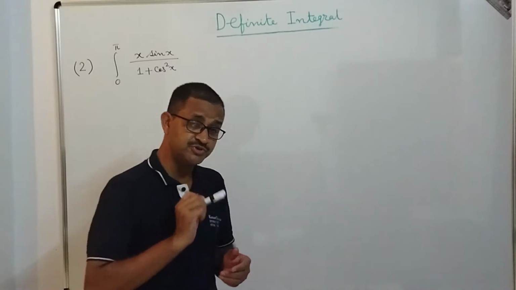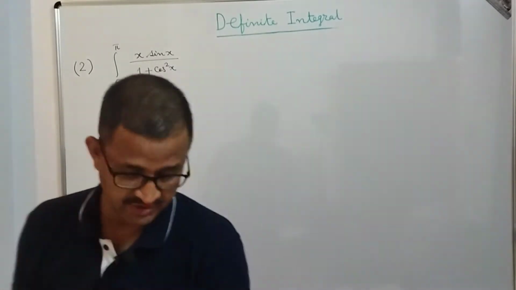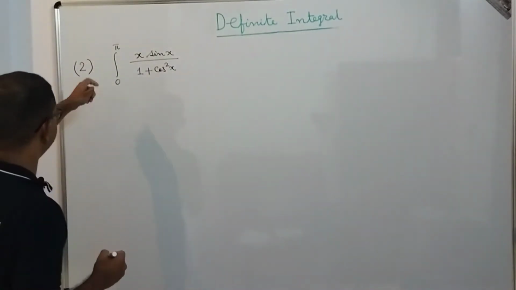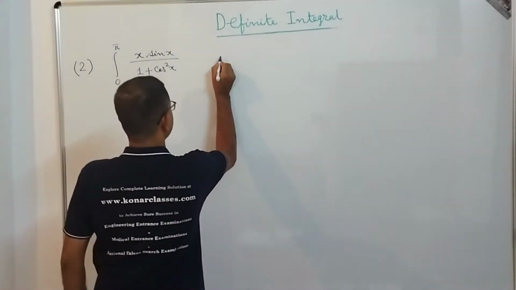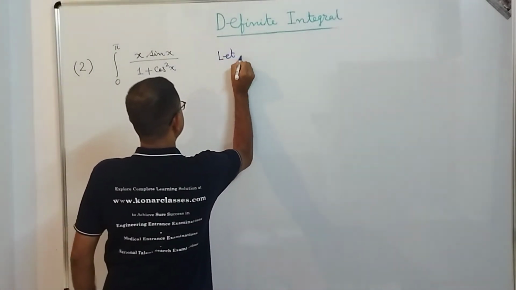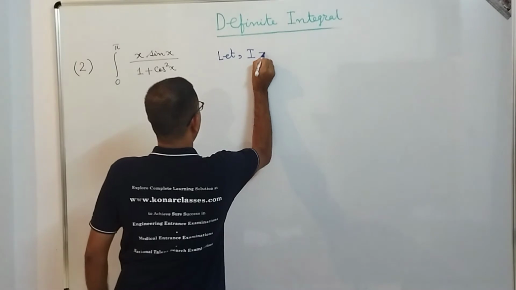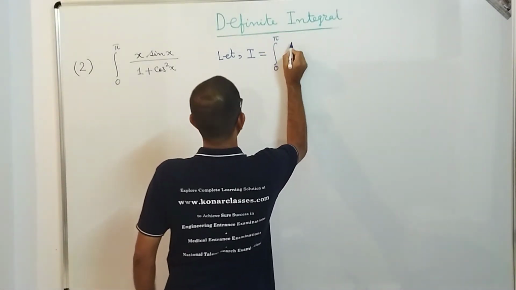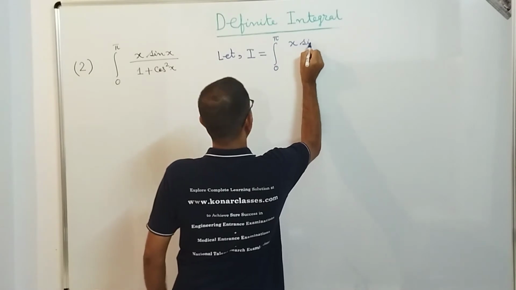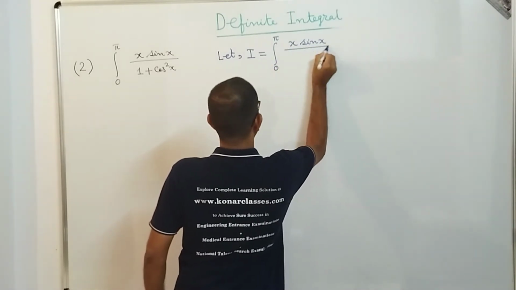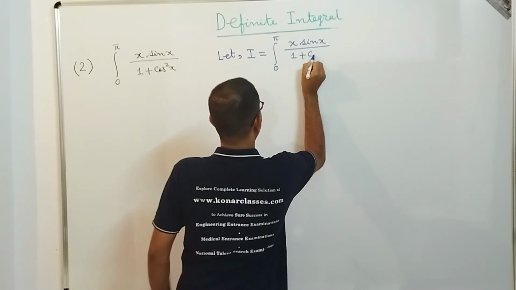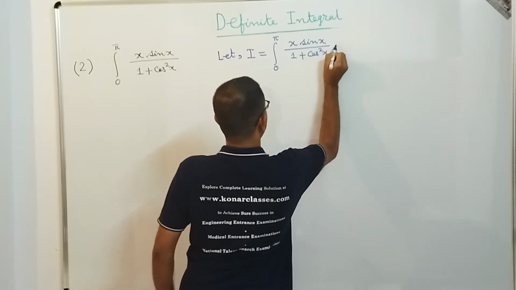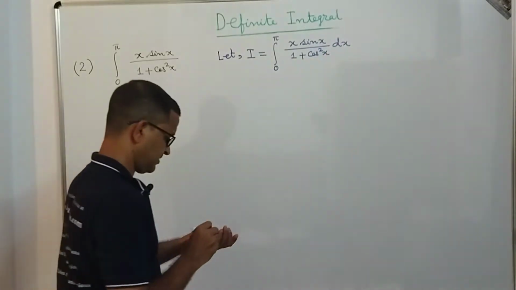How to approach this question is important. Let us take the value of this integration as I. So let I be equal to the integration from 0 to pi of x sin x divided by 1 plus cos square x dx.